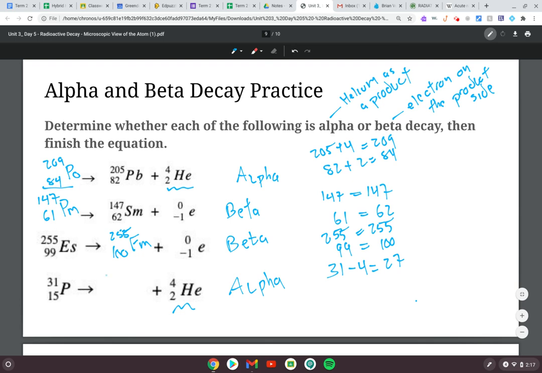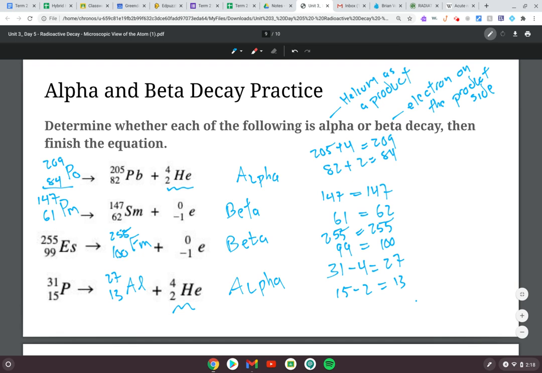So that's going to be my mass number, 27. And 15 minus 2 is going to be 13. So that's going to be my atomic number. And if I go to the periodic table, I see that aluminum is element number 13. So there you have it.